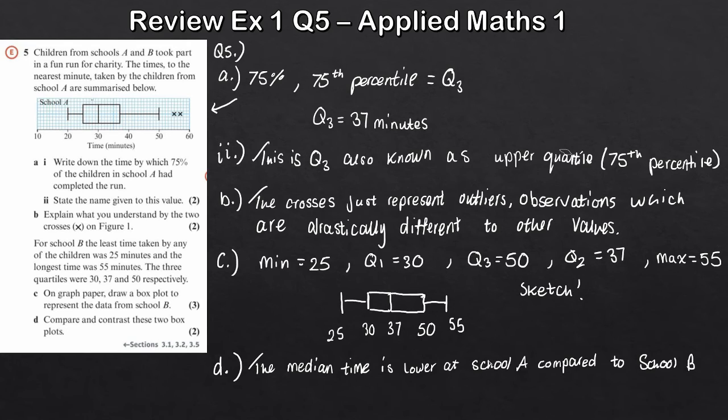If you do the same for school A, what you'll find is that the interquartile range is actually smaller for school A. So IQR is also smaller for school A. However, the overall range is larger for school A due to the outliers.